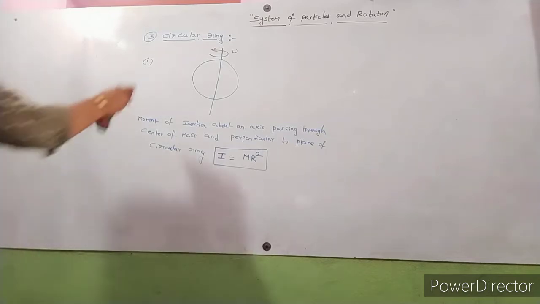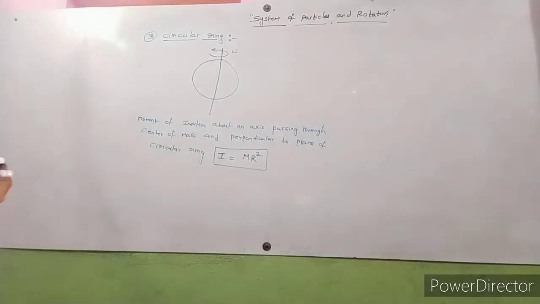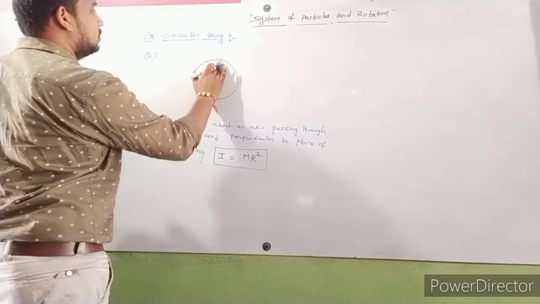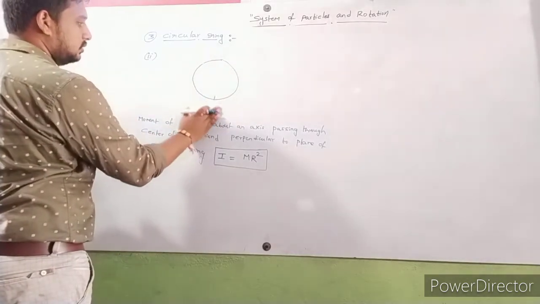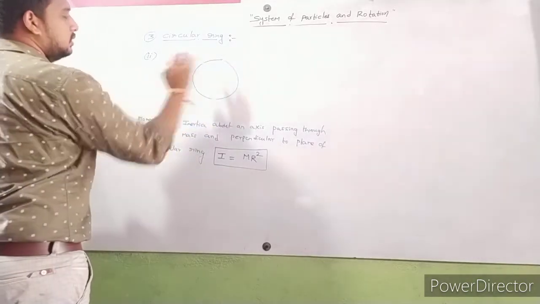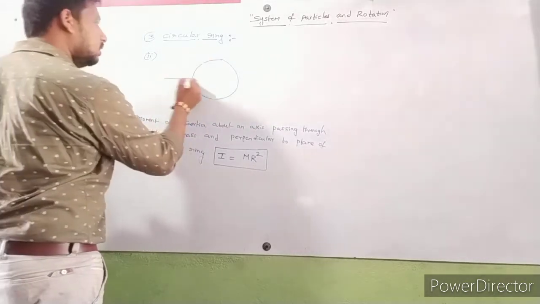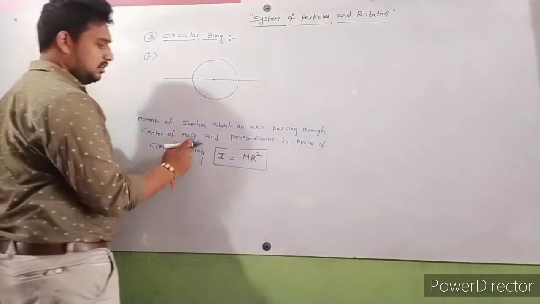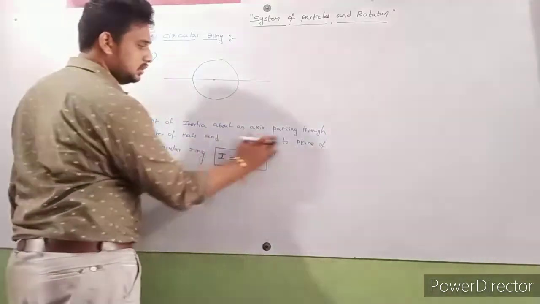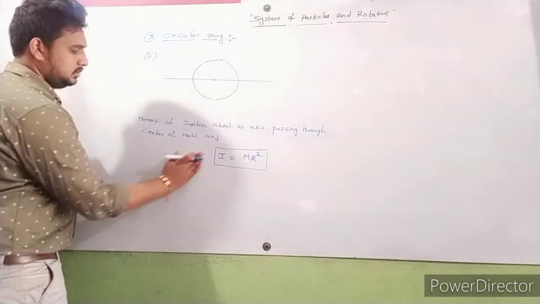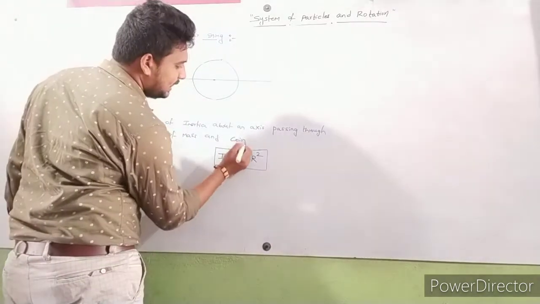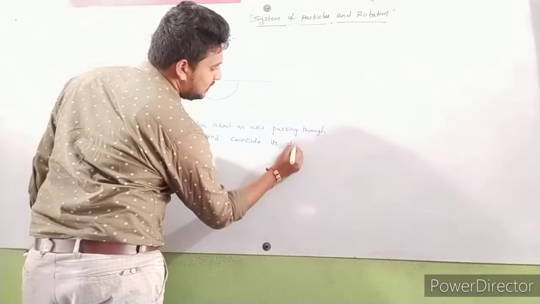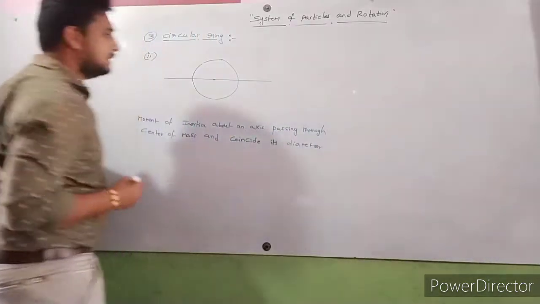Next, case 2. Moment of inertia about an axis passing through center of mass and coinciding with its diameter.